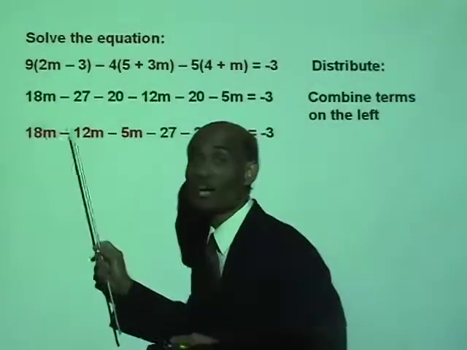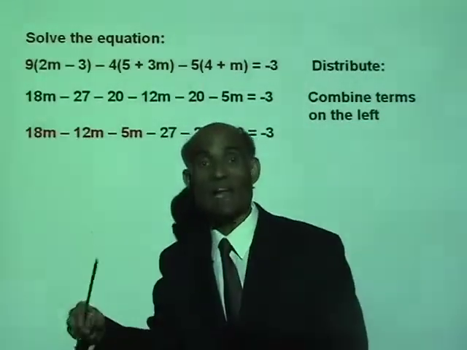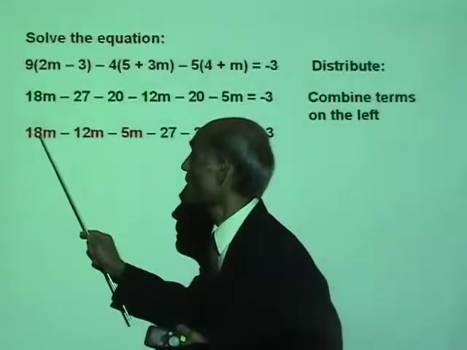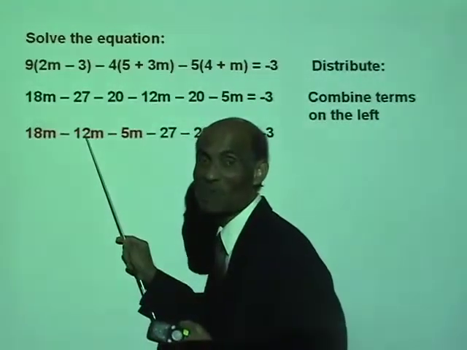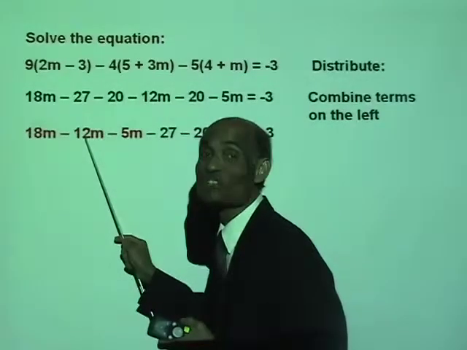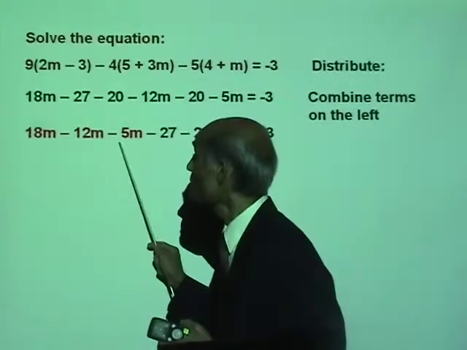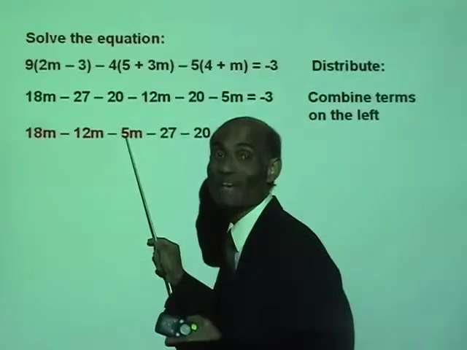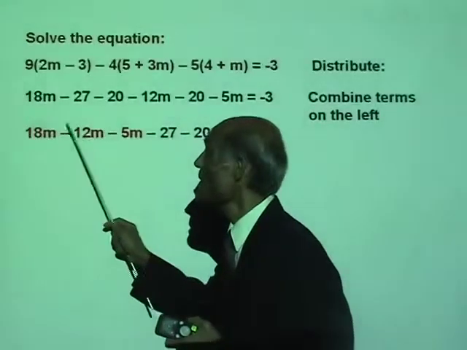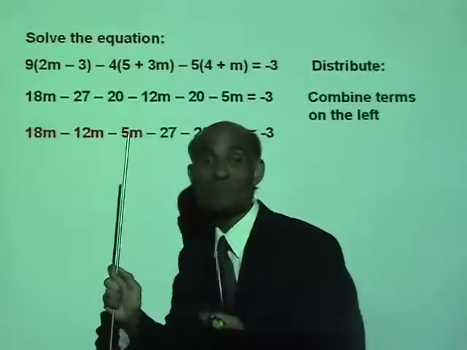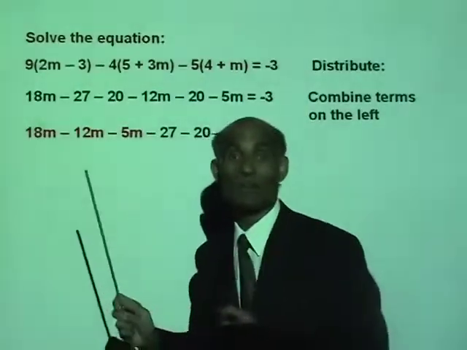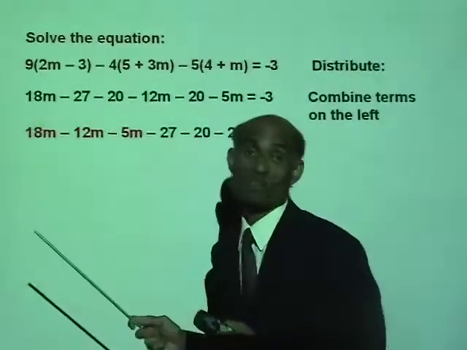And to add the terms in m, you simply add their coefficients. Alright, 18 minus 12. What is 18 minus 12? It is 6. 6 minus 5 is 1. So 18m minus 12m minus 5m is 1m, which is simply m.